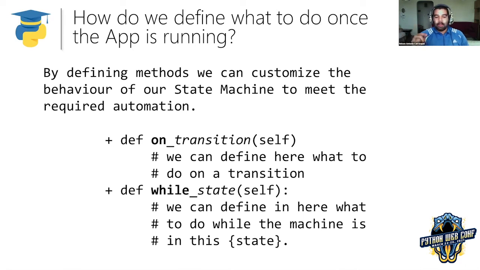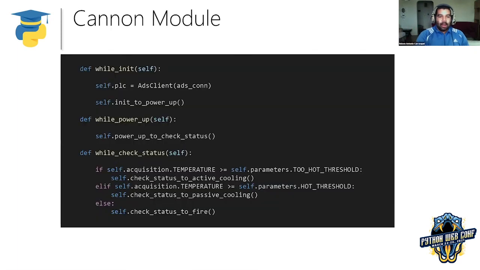If we define a method called while underscore state, and we use the name of a state, that is the code that gets executed inside a state, okay? And with this canon, we do the following. In the initialization, we just define a PLC, and we trigger the transition to the power up.